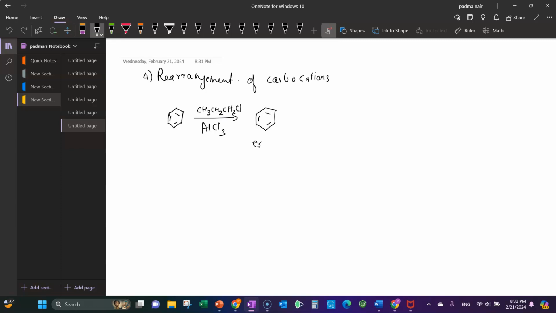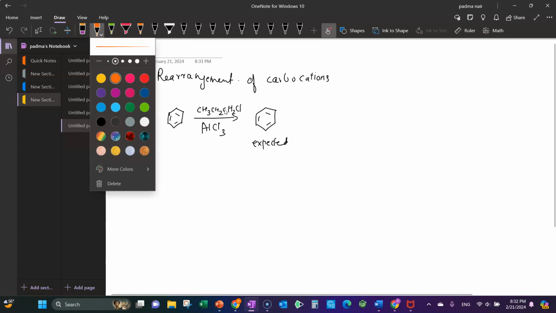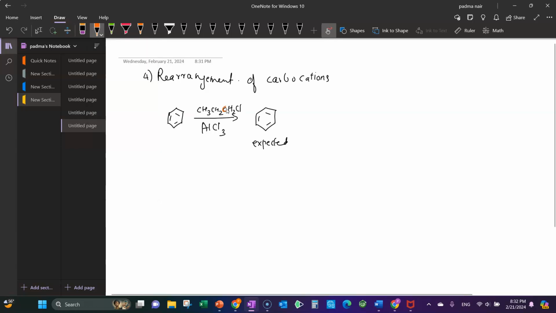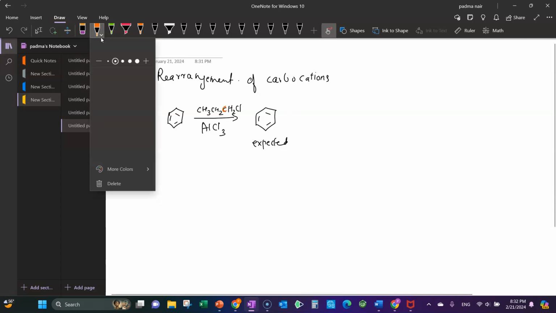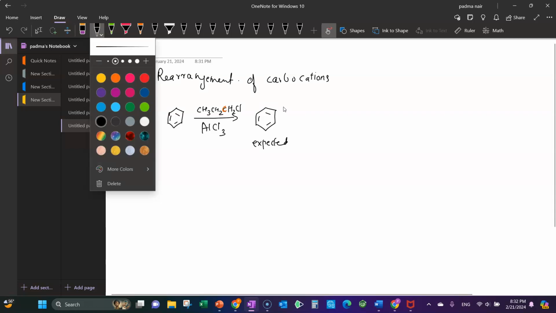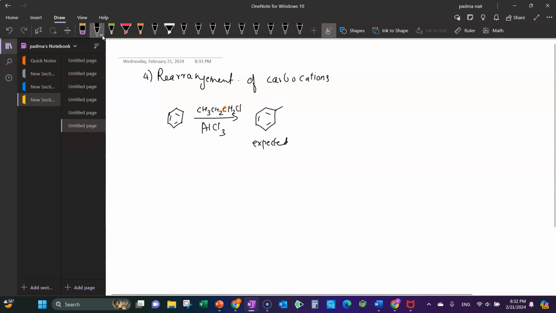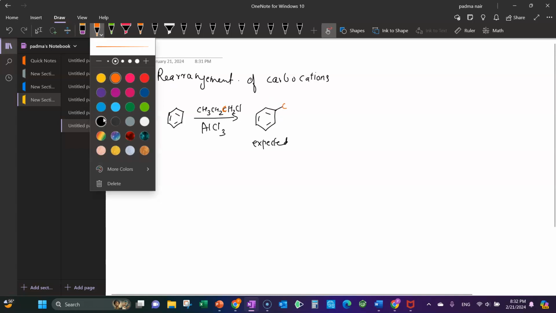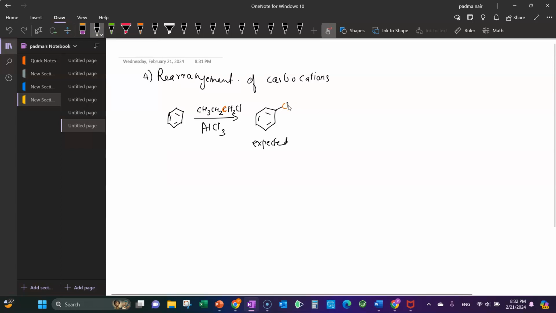So the expected product is where this carbon atom is the one that's going to be attached to the benzene ring, and we get CH2CH2CH3. So this alkyl group should be attached to the benzene ring like this. However, this is not what we get.